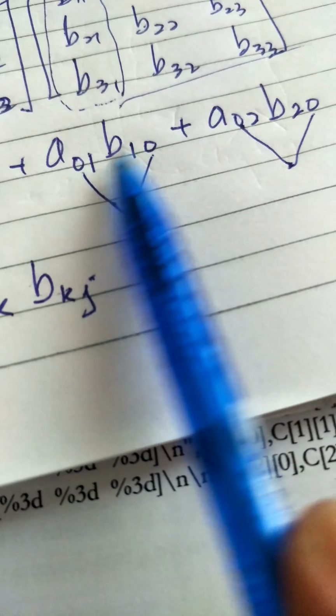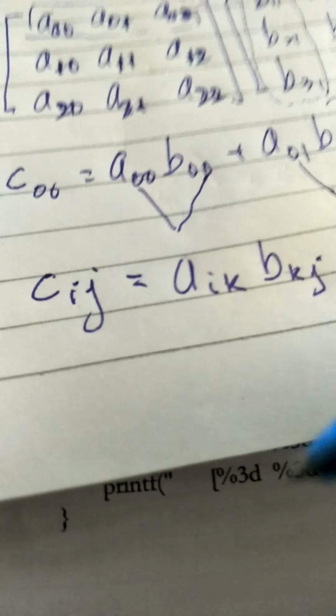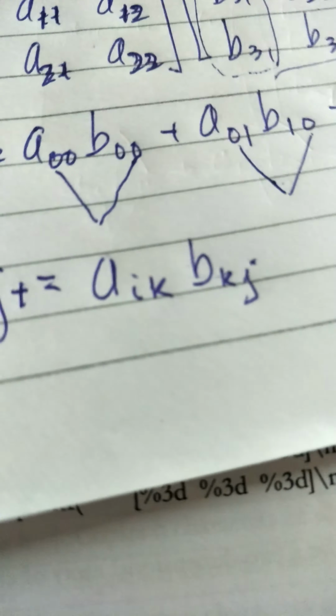You need to sum up all those things. So it means that we have Cij plus equal to all these things.